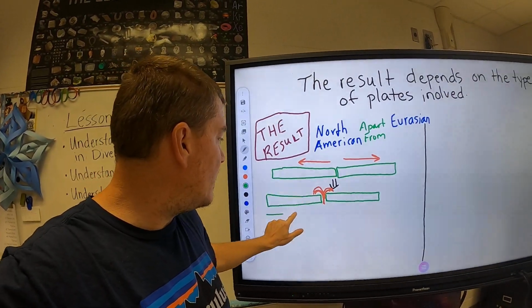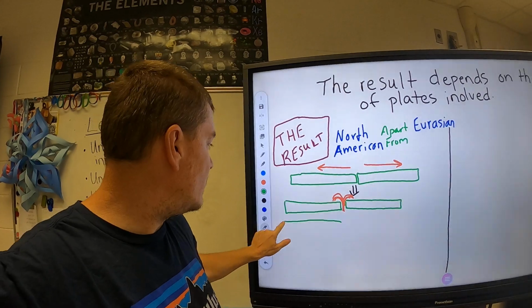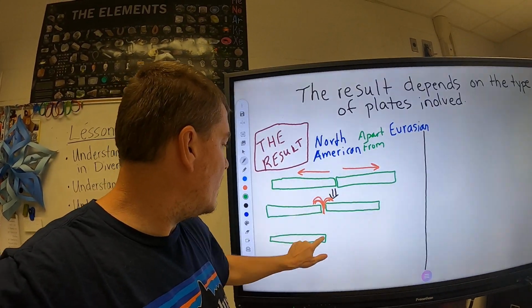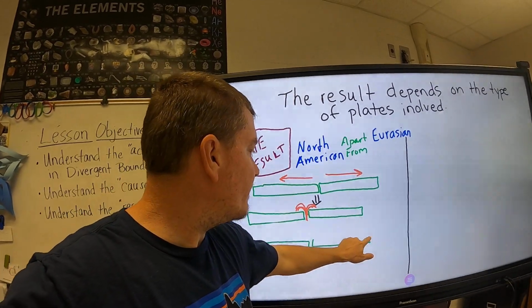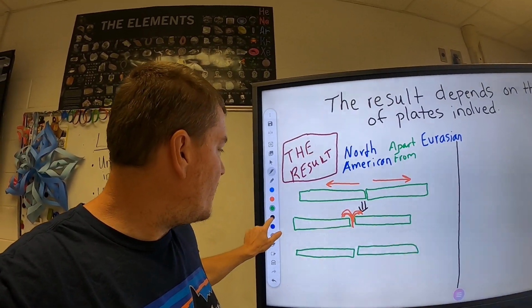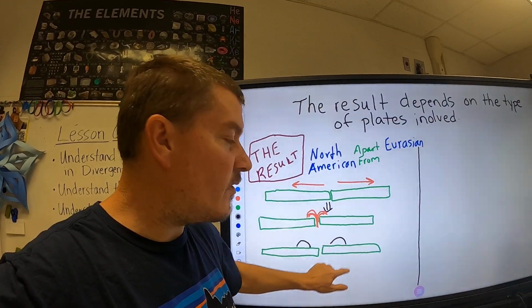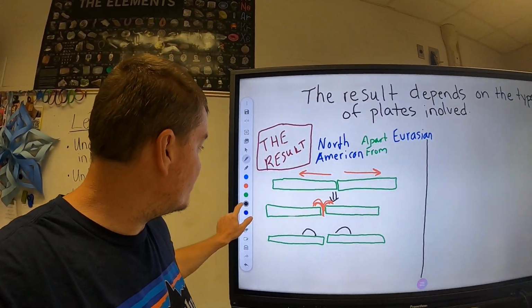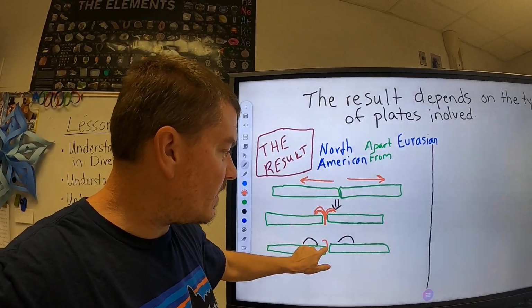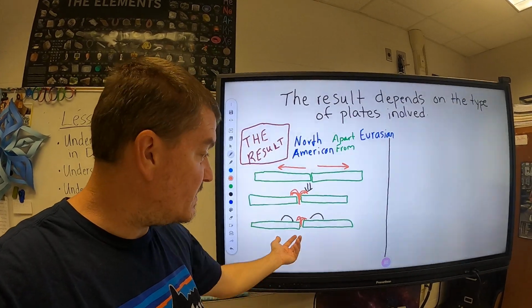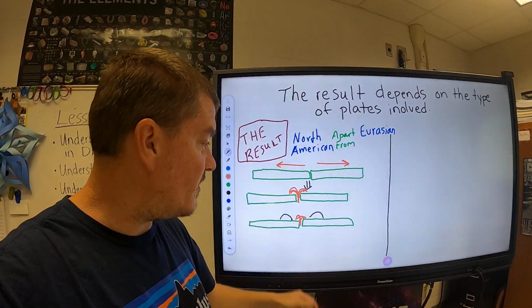Over time, it's going to have piles of hardened rock that form on top of those plates. And at the same time, we're constantly having new rock coming up and spilling through the crack between those two plates.